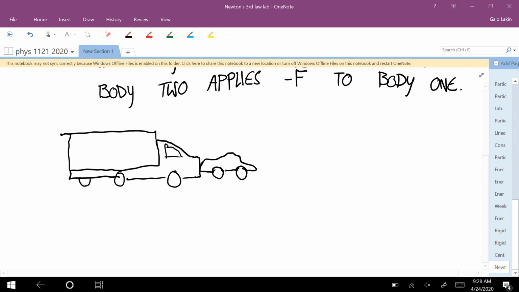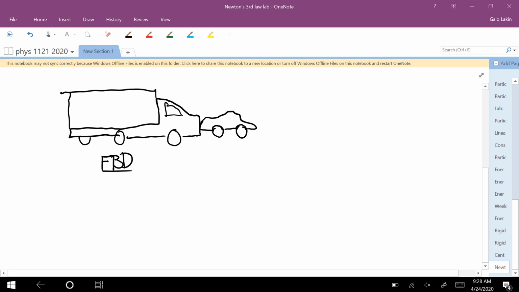Well, the way that works is, if you draw a free body diagram of what's going on, the free body diagram of the truck, there's a weight force, there's a normal force, and then there's the force, I'll call it F, that's applied to the truck by the car.